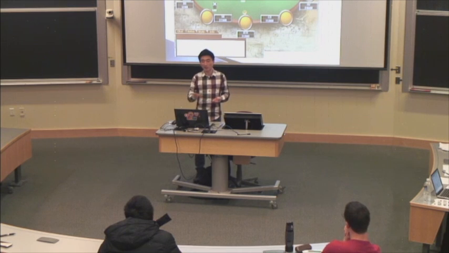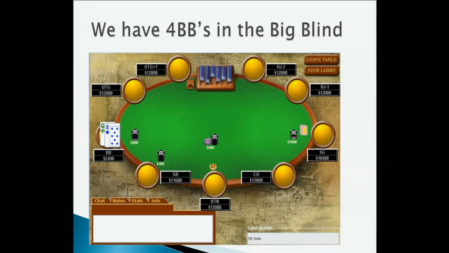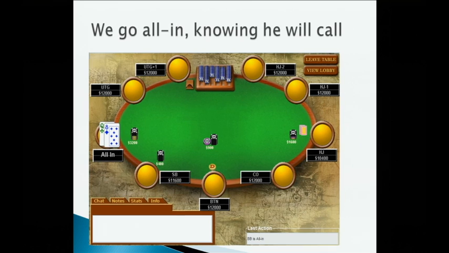Okay, here's another situation that we sort of talked about already. You have 4 big blinds and you have to pay a big blind. Basically, you pretty much have to play close to any 2 cards in this spot. If you do the calculation, you only need to call. Calling is equivalent to going all in, sort of. If you go all in, you know you're getting called because they're gonna have almost 4 to 1 odds, so they're gonna call.